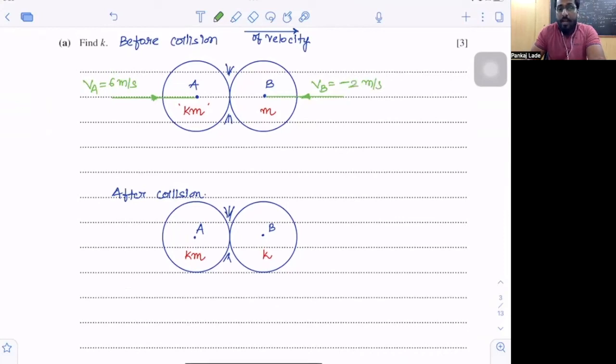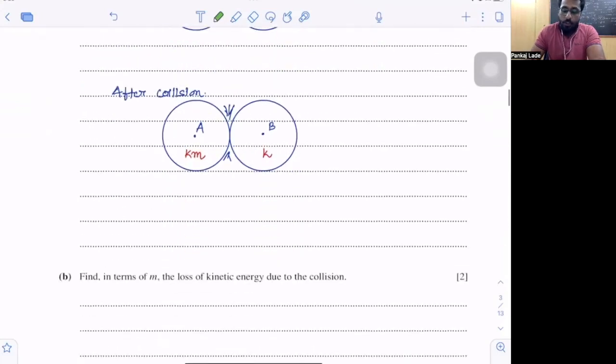Now what happened after collision? After collision, both A and B are moving in the same direction. So that's the direction of VA1, the velocity after collision. And that's how much? 4 meter per second.